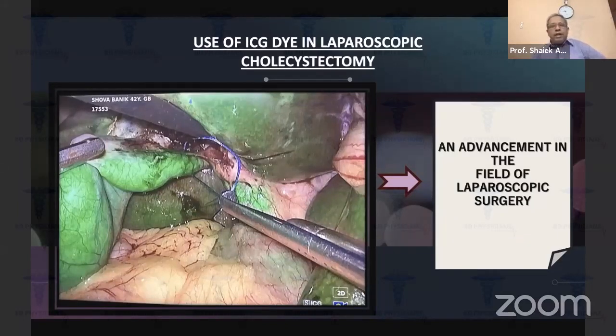Whenever the fluorescent light source is switched on, the liver becomes greenish, the gallbladder becomes greenish, and the common bile duct also becomes greenish. It prevents biliary tree injury. That is also available in our private chamber setup. So ICG is nowadays another standard technique for the safety of cholecystectomy.